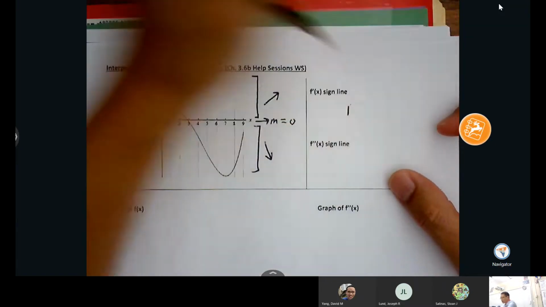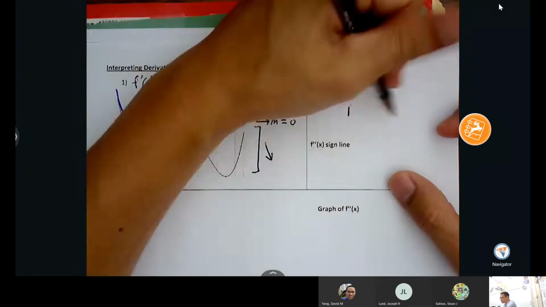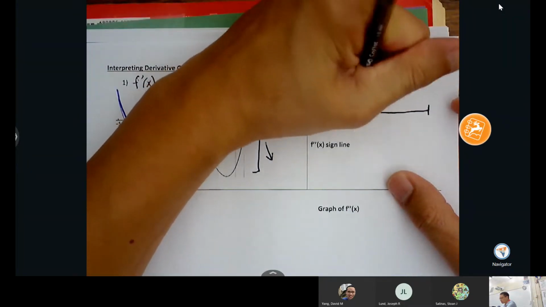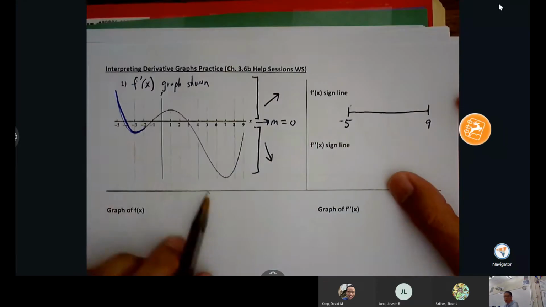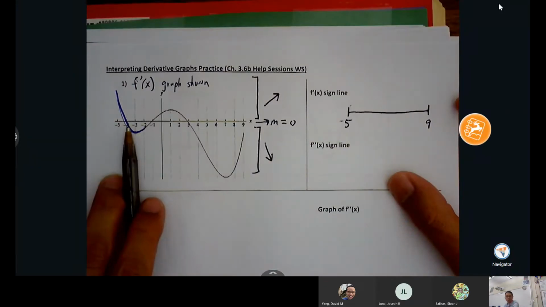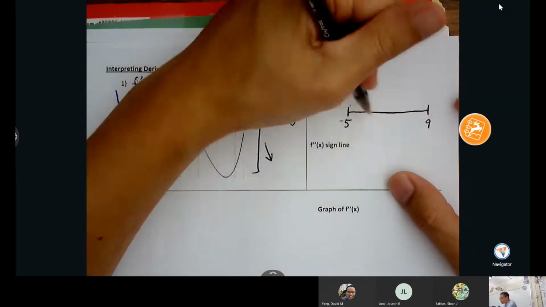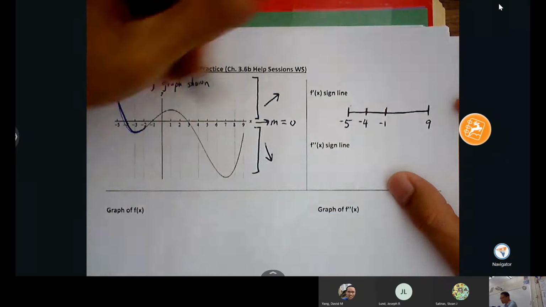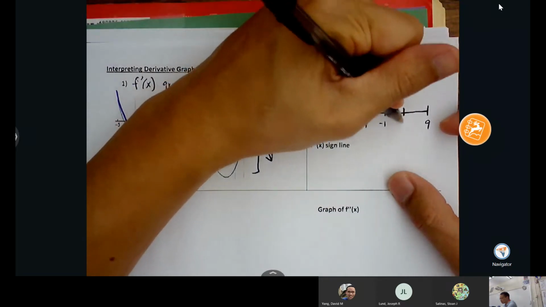And if there are endpoints provided, I like to include those endpoints as well. So my x-intercepts are at -4, -1, and 3.